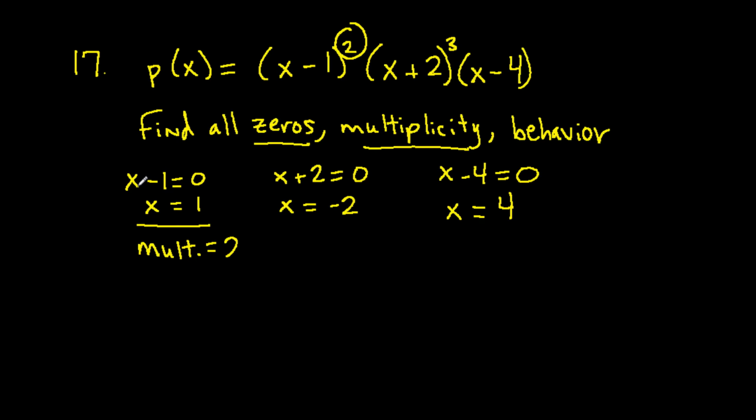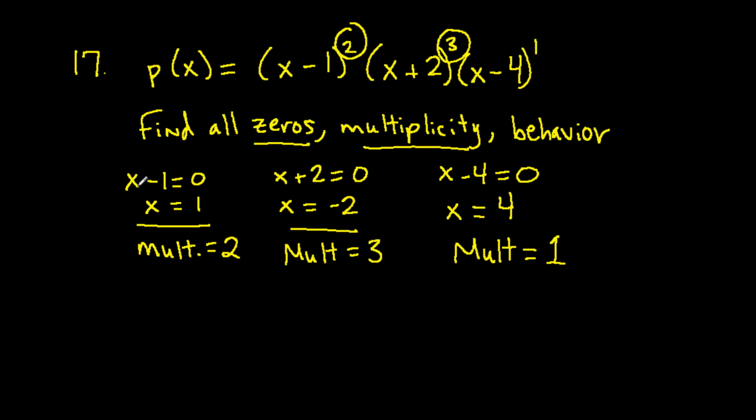Its multiplicity is 2. Now the x plus 2, that factor, when we set it equal to 0, we get the zero x equals negative 2, and it has multiplicity 3. And the x minus 4 has an invisible power of 1, so its multiplicity is 1.